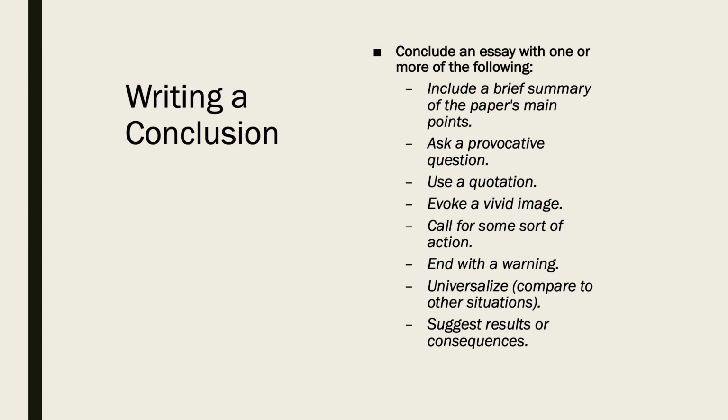Call for some sort of action. End with a warning. Compare whatever situation you're talking about to other situations, or suggest results or consequences. Again, you don't have to do each one of these in your conclusion. These are just some ideas of some things you can do to get you started.